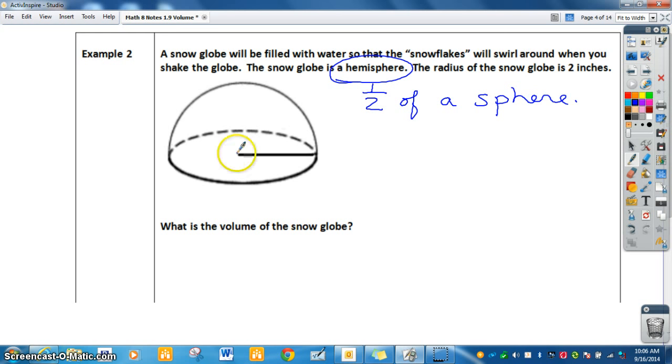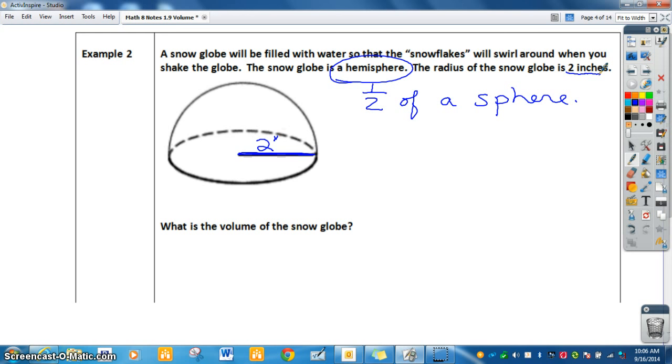This hemisphere, this snow globe, what is its radius? 2 inches. Right here, they told us it is 2 inches. So what do I have to do if I want to find the volume of this hemisphere? Is there a formula for half a sphere?